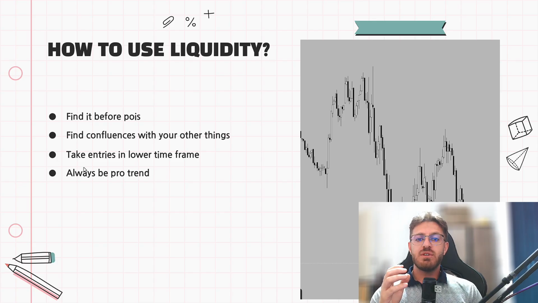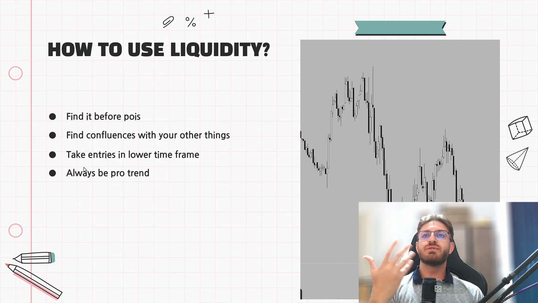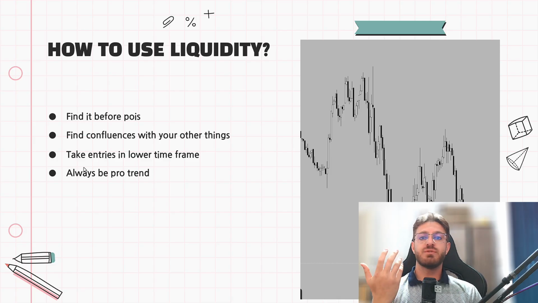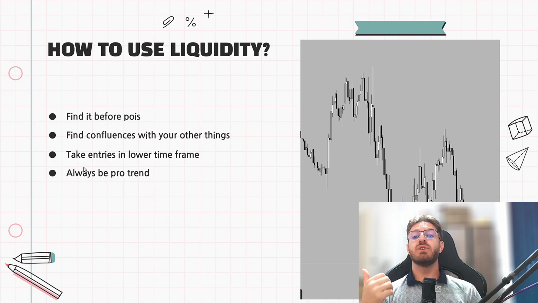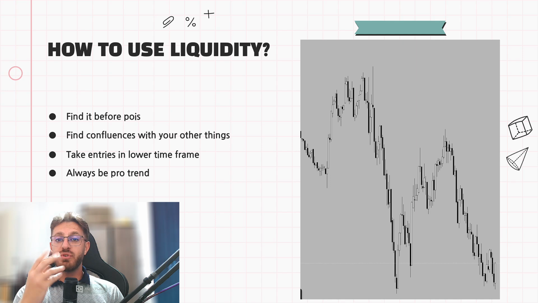For confluence with your methodology, you should find it before your POIs. You may use support and resistances, you may use order blocks, you may use volume levels. Always look for those traders who entered the trade before you.